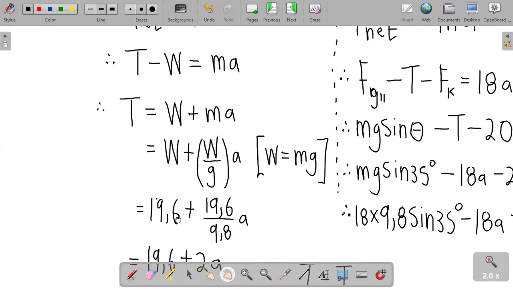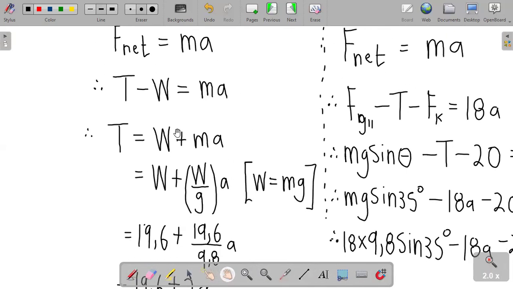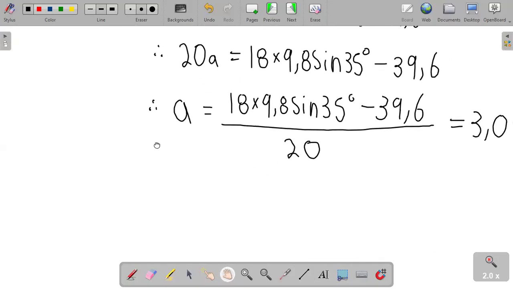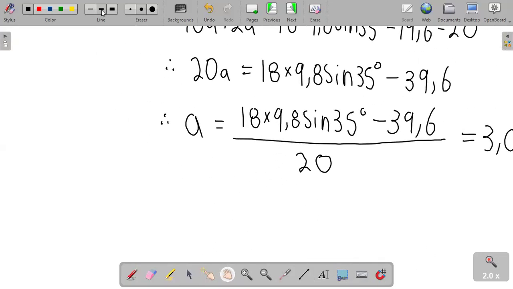Okay. Let us move to 4.4. In 4.4, they are asking us to find the tension in the string, I think. So 4.4, what is happening?